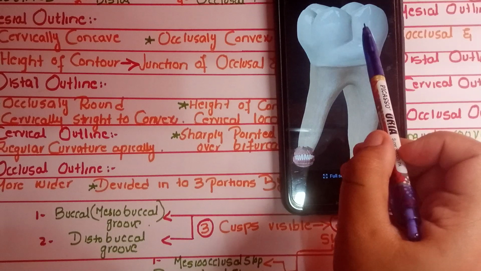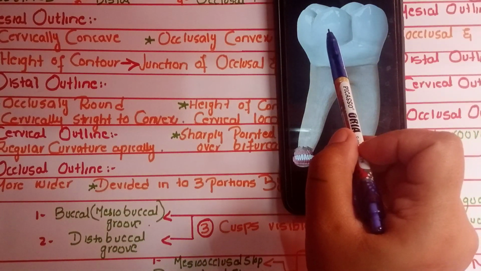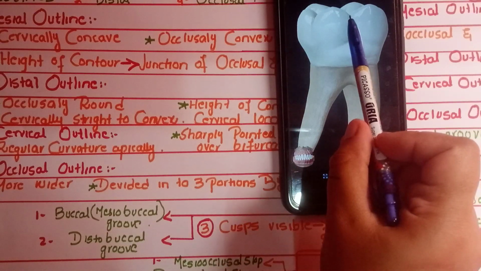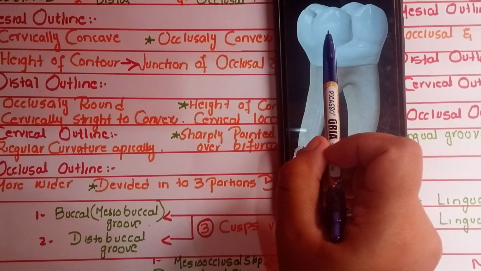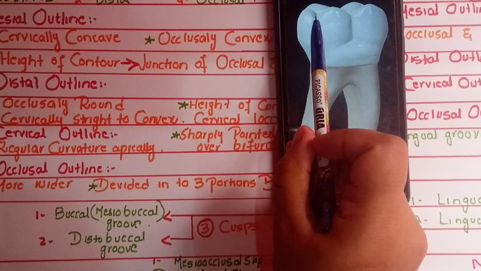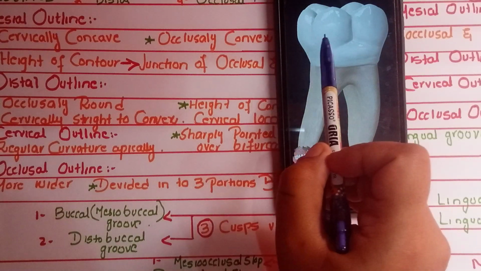Between the mesiobuccal cusp ridge and the distobuccal cusp ridge is a groove, which is the buccal groove or the mesiobuccal groove, and between the distobuccal cusp ridge and the distal cusp ridge is the distobuccal groove.